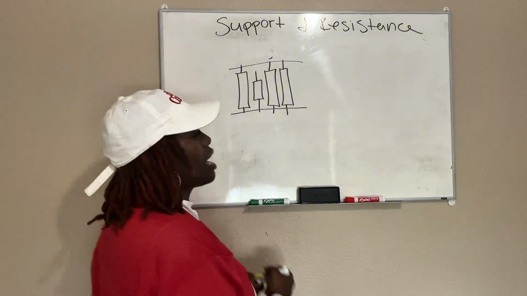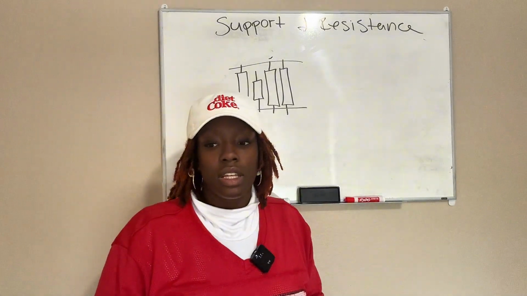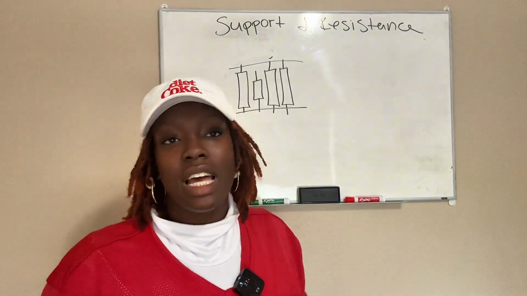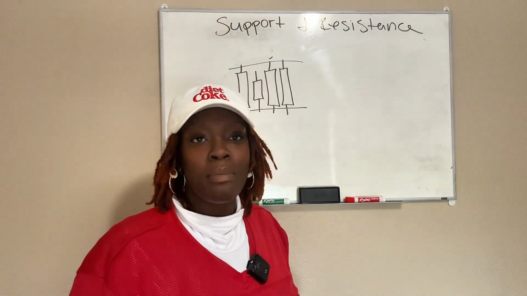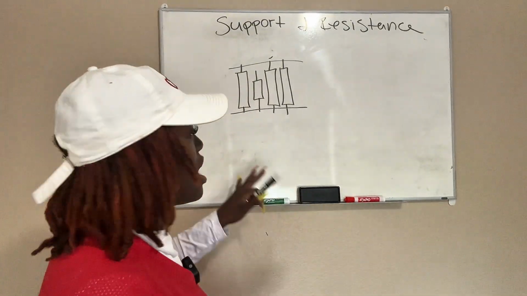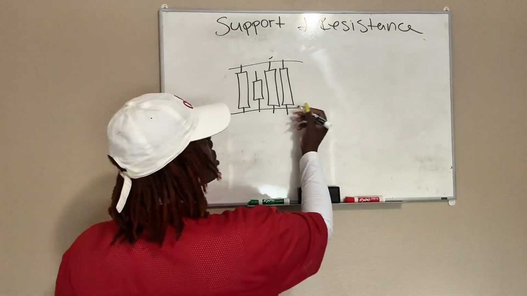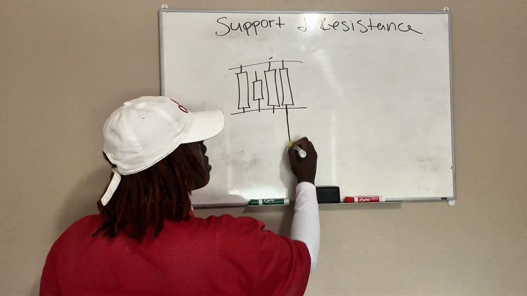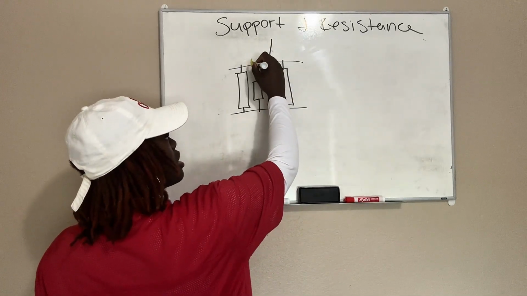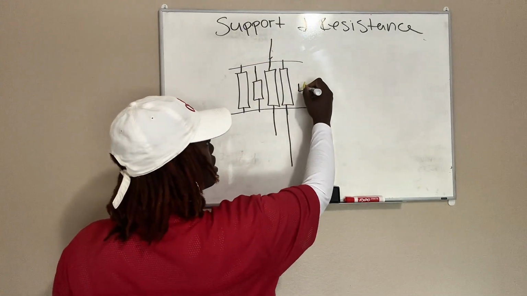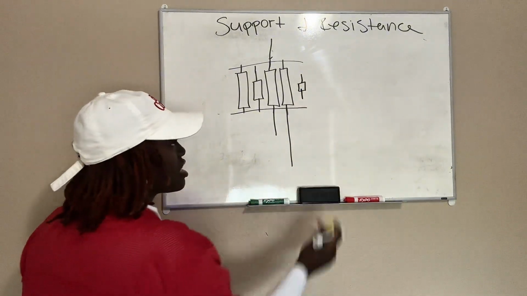Okay. Now, me personally, I don't care what the wicks are doing. I'm a body type of person. What I mean by that is sometimes you may see wicks like this, a candle that isn't touching anything.